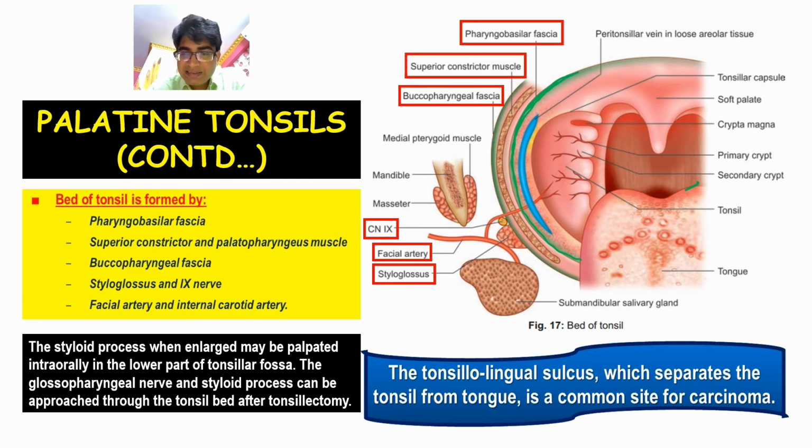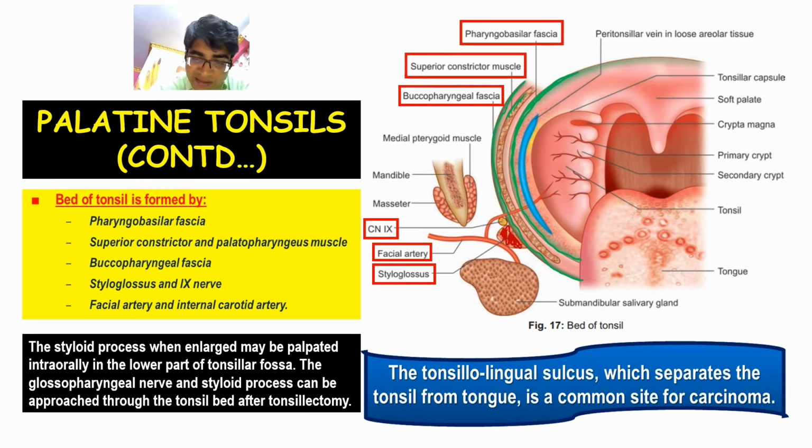Secondly, there are those two muscles, as I have already discussed, the superior constrictor muscle and the palatopharyngeus muscle, which makes up the posterior pillar. Next, there is the buccopharyngeal fascia, which is overlying, and then there is the styloglossus muscle.